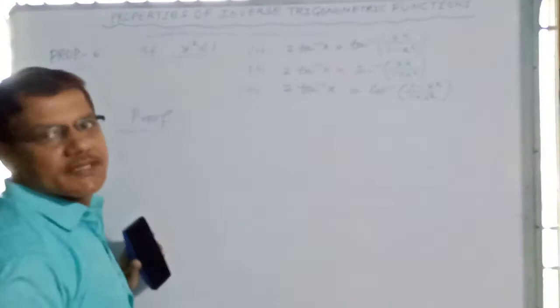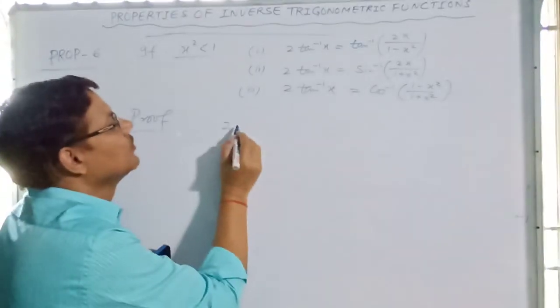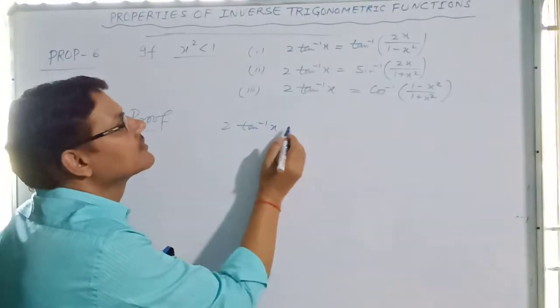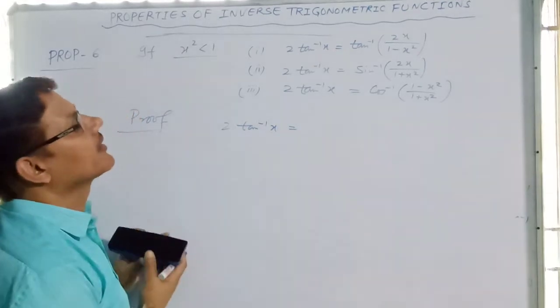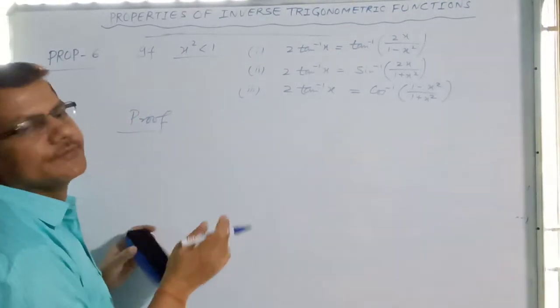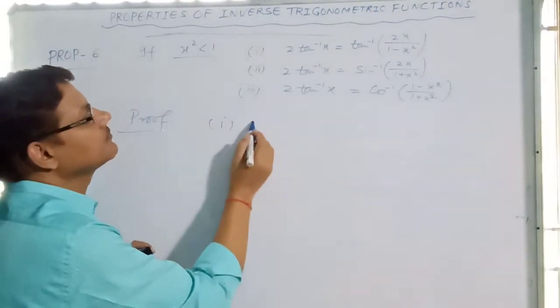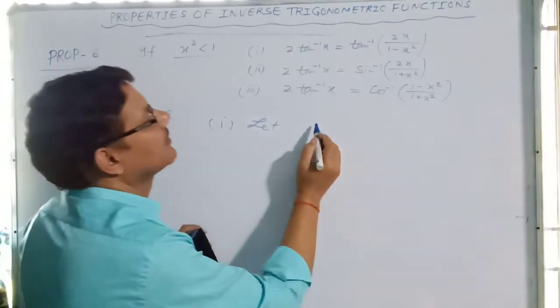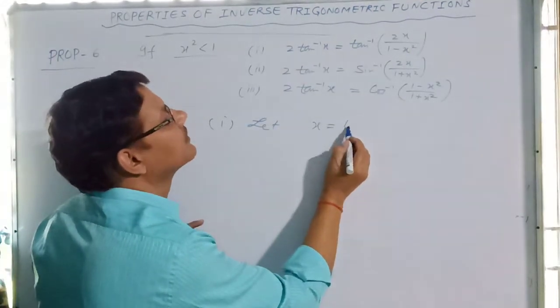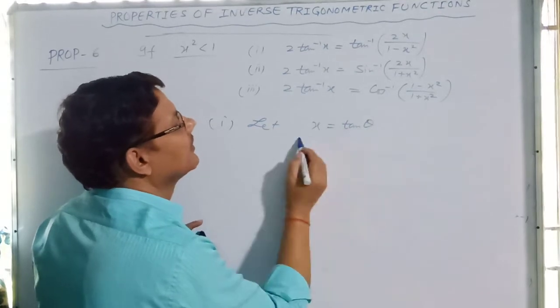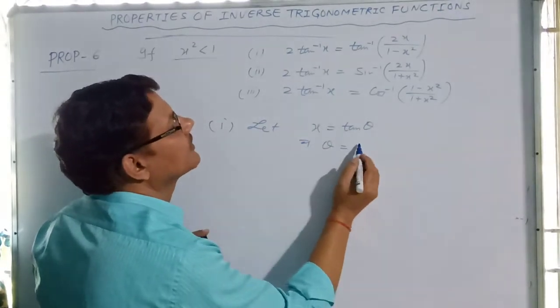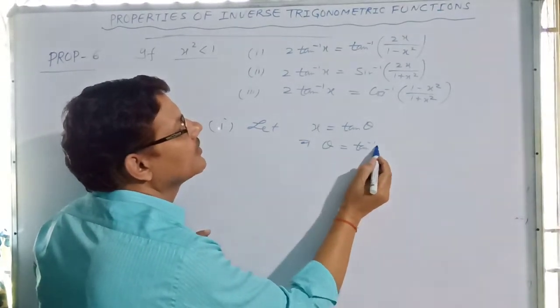Proof of the first one is very easy. 2 tan inverse x is written as, directly from the right side, let x be equal to tan theta. It implies theta is equal to tan inverse x.